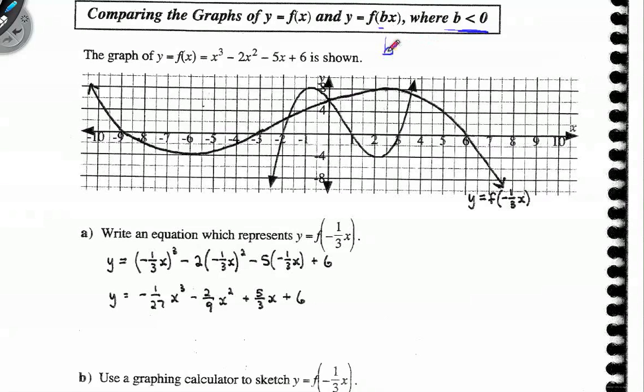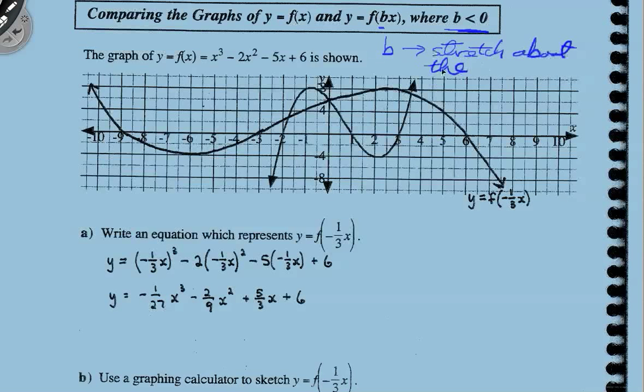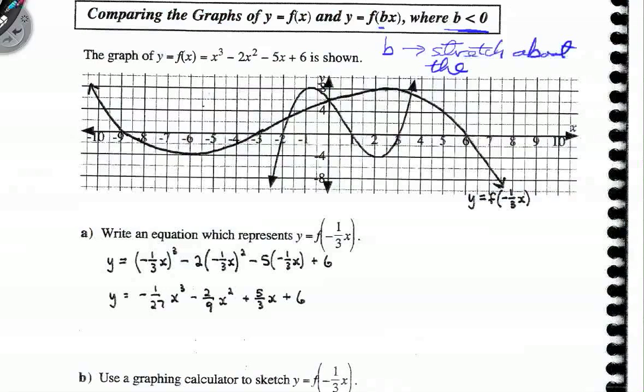The value of b has got to do with a stretch about the y-axis, and if b is negative, you will get a reflection in the y-axis also.